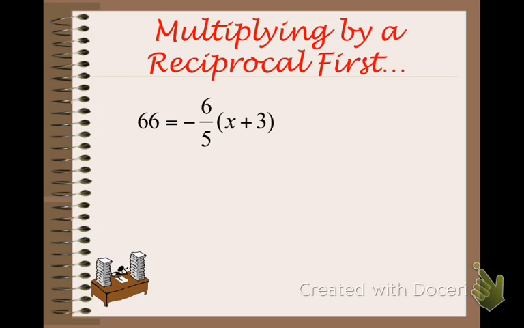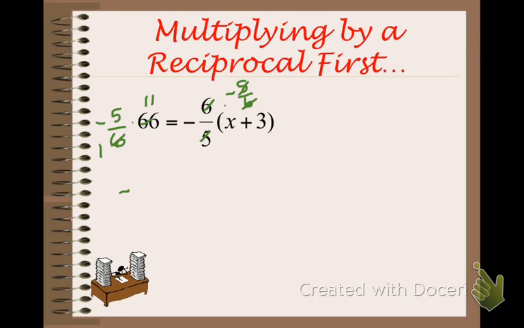So if we first multiply both sides, let me get a color here that'll show up, multiply both sides by a negative 5/6. The 5's will cancel, the 6's will cancel, and we must multiply by a negative 5/6. Now before I multiply here, I can simplify.